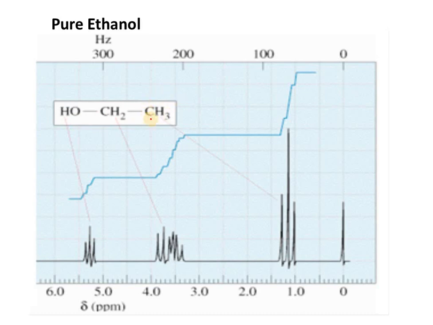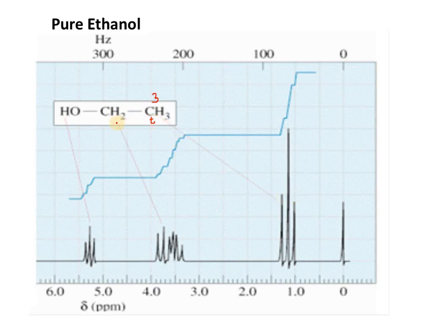Now the CH3 group has neighboring protons 2, so 2 plus 1 is 3, so it will show a triplet. There are 3 peaks, so these protons will show a signal as a triplet because there are 2 neighboring protons, 2 plus 1 that is 3, and 3 is a triplet.